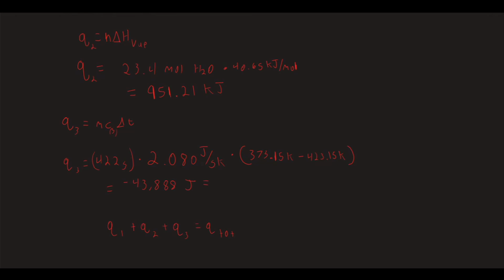And let's convert that into kilojoules. We have 3 sig figs for the least. And so this is going to be negative 4.3. So let's see. 0.8, or rather 0.9 kilojoules.